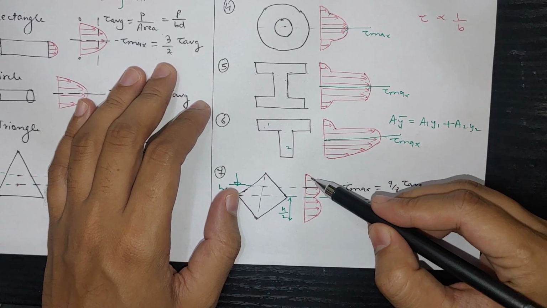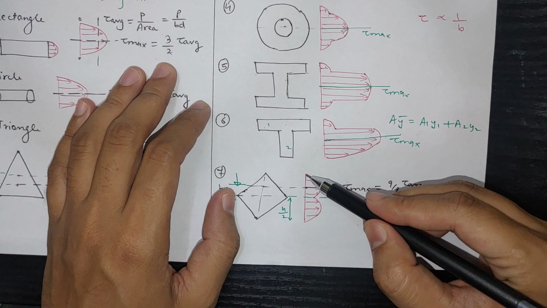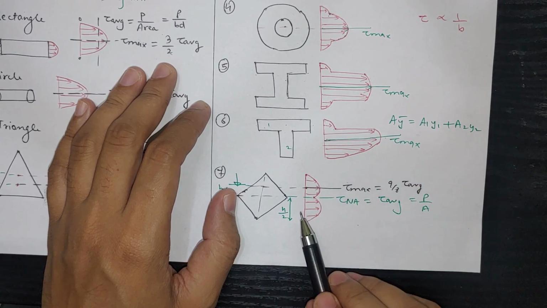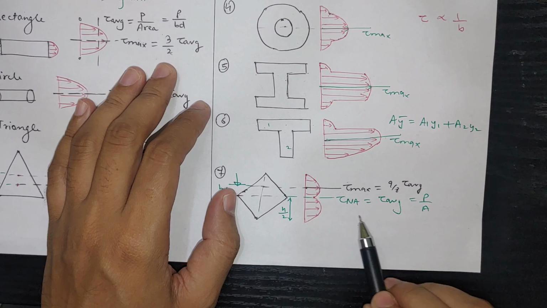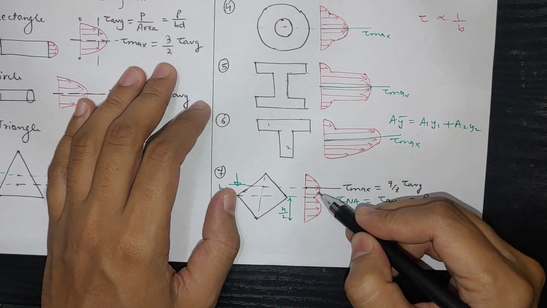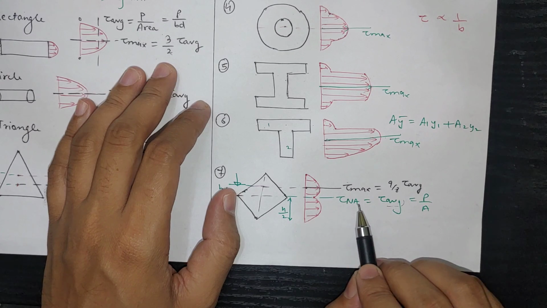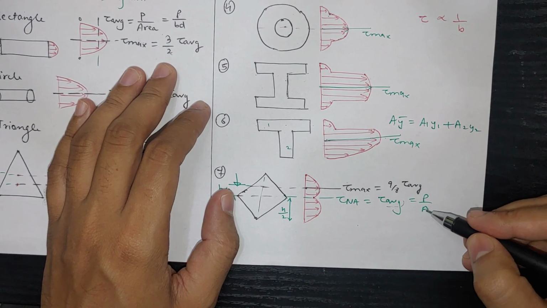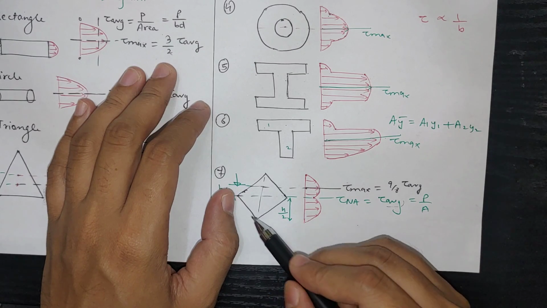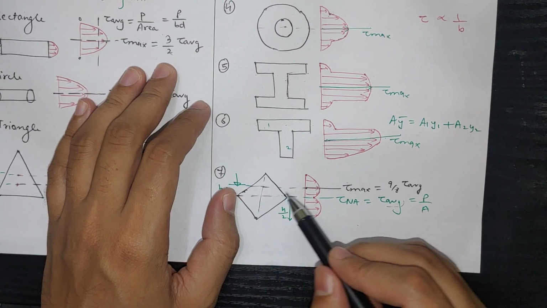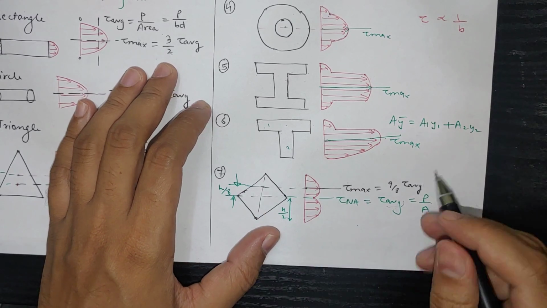So here, from zero value there will be tau maximum and then there will be tau average. So tau at the neutral axis is not the exact tau average of the entire section, but we call it tau average because it is at the neutral axis. Here it is P divided by area, the area of this, and P is the load at any particular cross section from this side view of the beam.